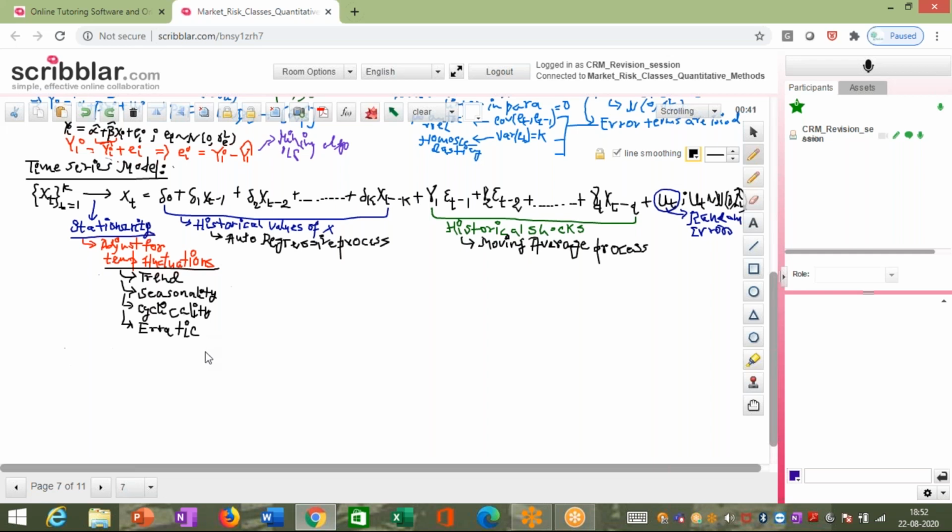Now let's see what challenges each of these can pose for the data. Trend will create an element of non-stationarity in the data, depending on whether it is a temporary trend or a permanent trend.